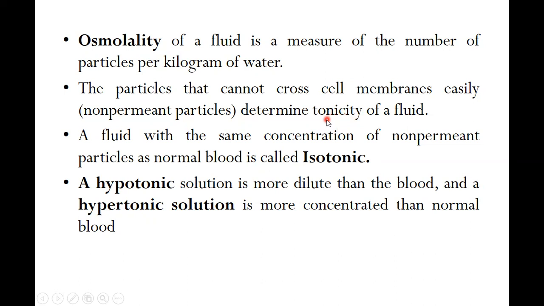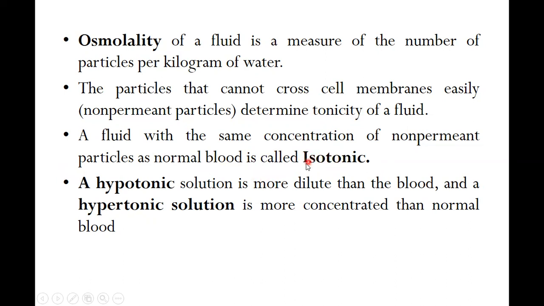Because if these particles cannot cross the cell membrane, they will remain, for example, inside the cell, thereby increasing the tone of the fluid within the cell. So a fluid with the same concentration of the non-permeant particles as normal blood is called isotonic.